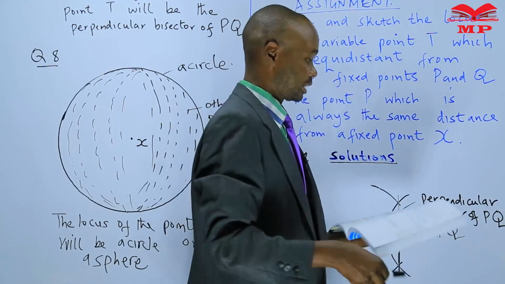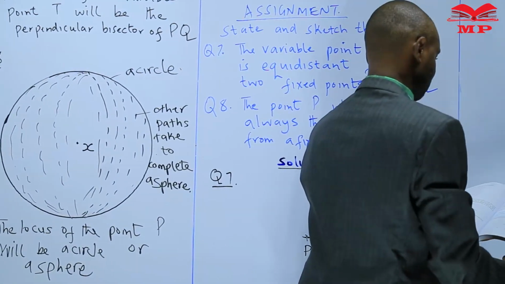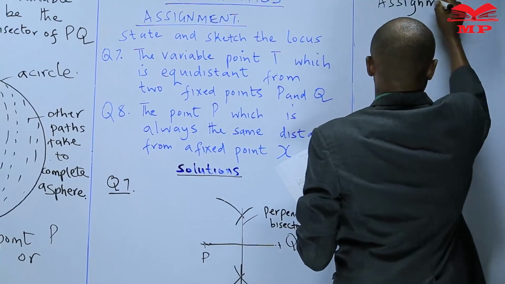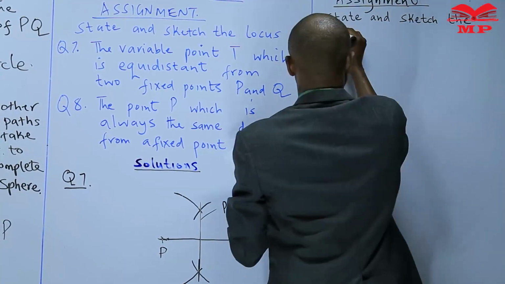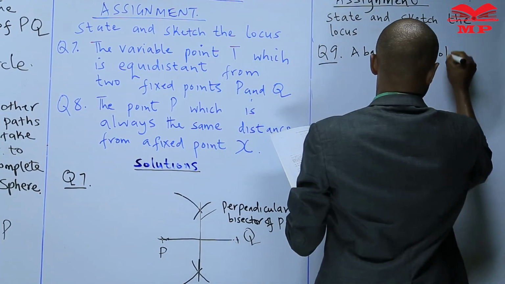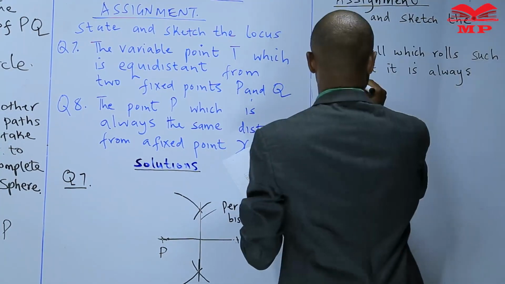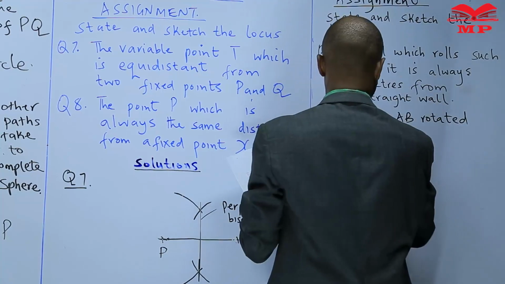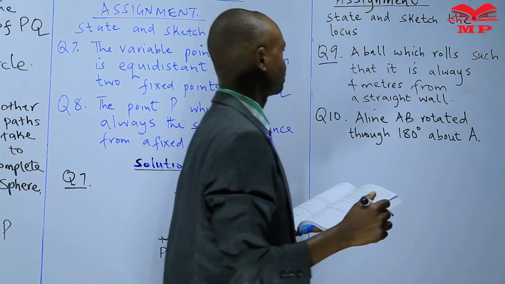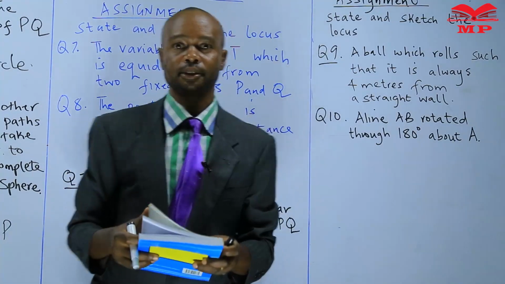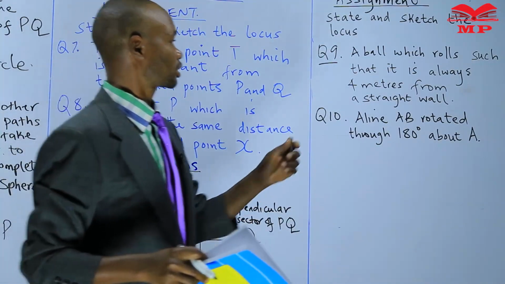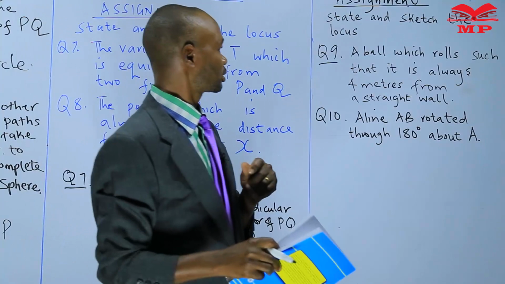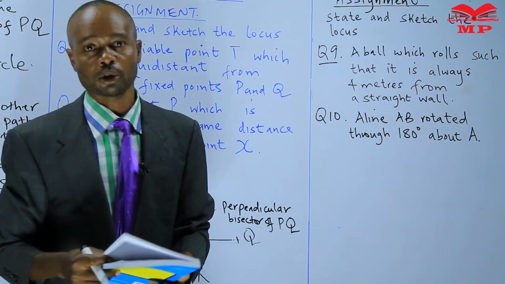Question 9, assignment: state and sketch the locus of a ball which rolls such that it is always 4 meters from a straight wall.